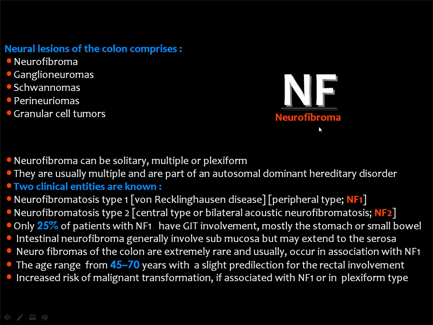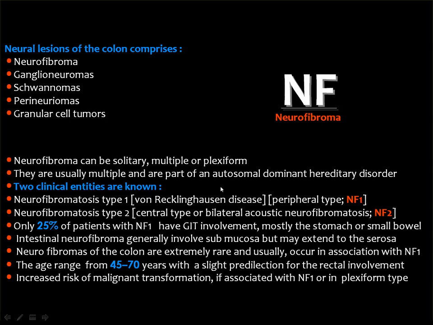Then we came to the neurofibroma, and the neurofibroma, as you know, may be solitary, multiple, or plexiform. The group of neural lesions includes neurofibroma, ganglioneuroma, schwannoma, perineuroma, and the granular cell tumor that has been mentioned before.